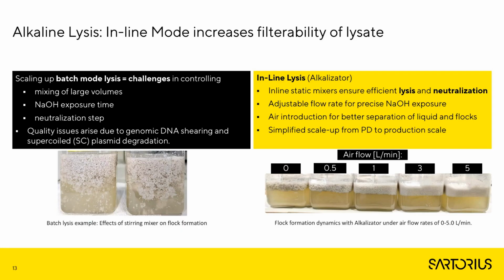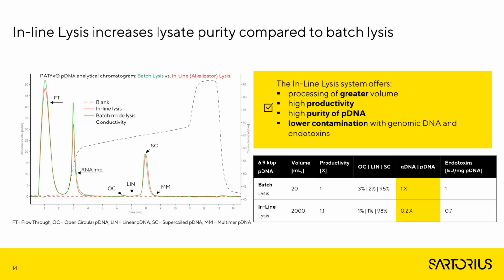Whereas if you perform inline lysis, continuous lysis, the modern way, then the filtrability of the sample is significantly improved, partly also due to the airflow that the machines enable. And you can see now the flocculation is lifted nicely to the top, and you can filter only the bottom part of the sample.